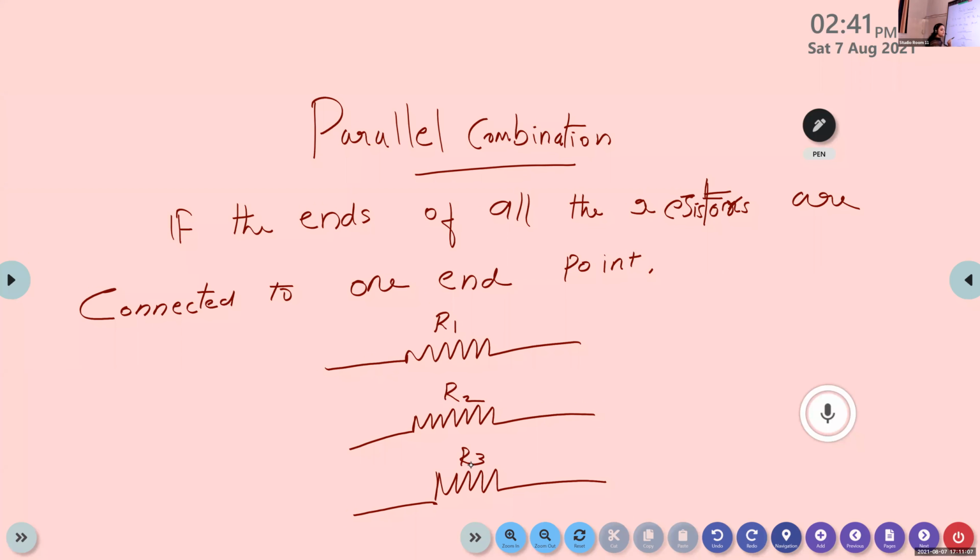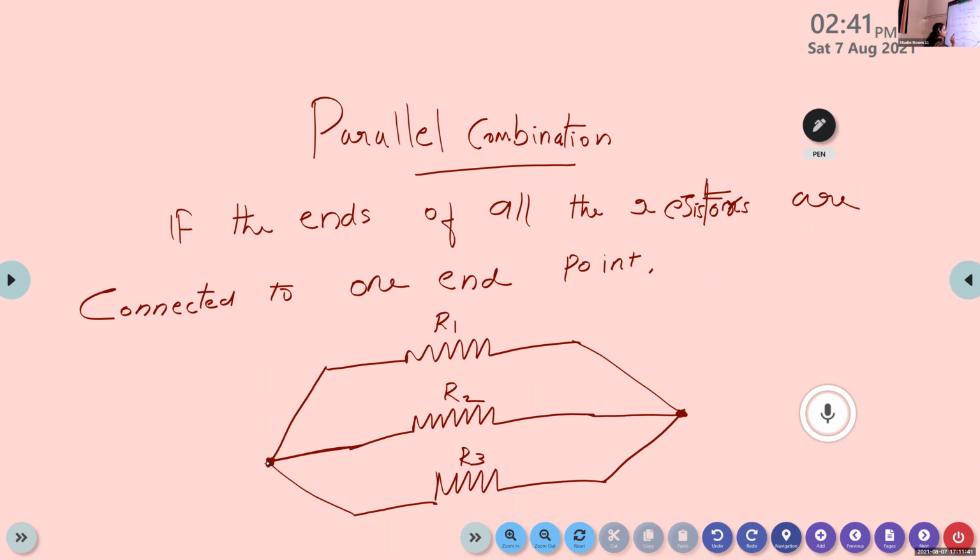And if the ends of all the resistors are connected to one end point, this end is connected here, and all the ends are connected to one end point, then we can call it a parallel combination of resistors. Is it clear?